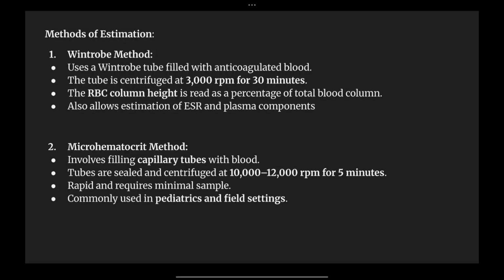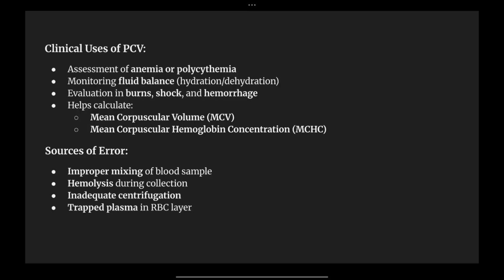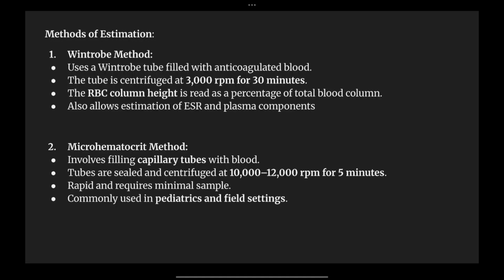The Wintrobe method and the microhematocrit method are the two methods used to determine the packed cell volume. Both methods are very important. Keep in mind the procedure. You use the Wintrobe tubes, filled with anticoagulated blood. Then the tube is centrifuged at 3000 revolutions per minute for 30 minutes.